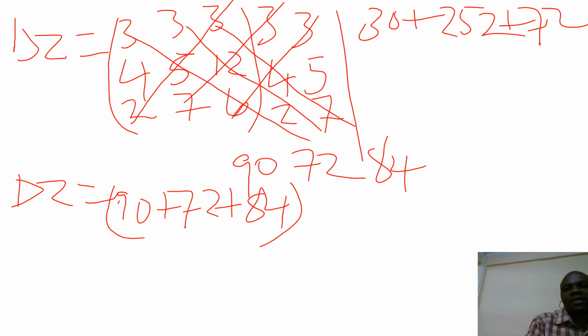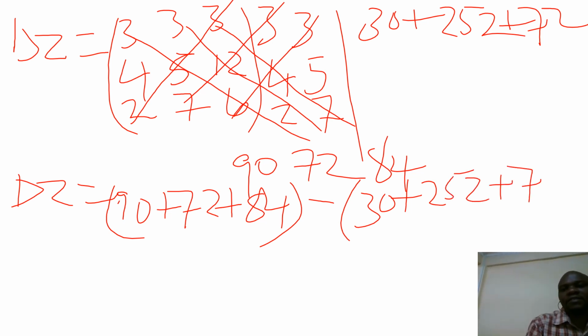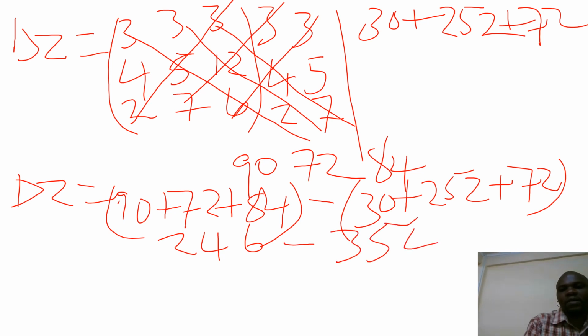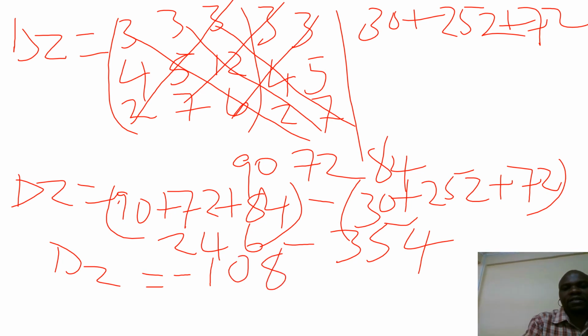So now my dz is equivalent to 90 added to 72 plus 84. All these I subtract from 30 plus 72, 252, sorry, plus 72. And then all these now, if I subtract, I get 246 here, then minus 354. And then these, I get my dz as negative 108.